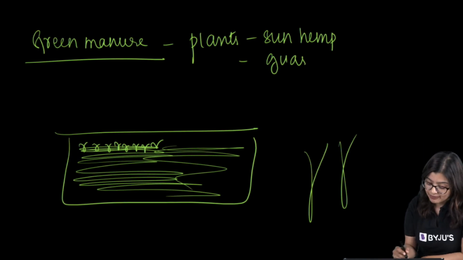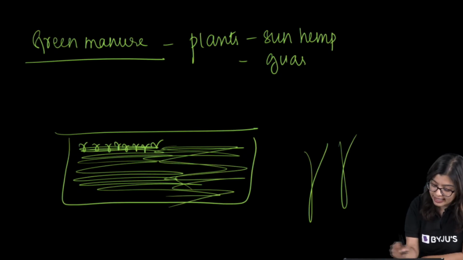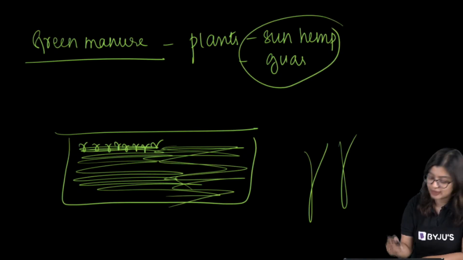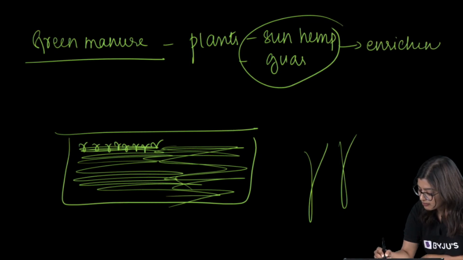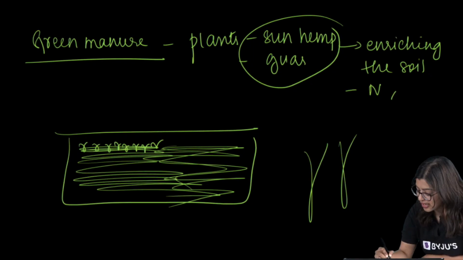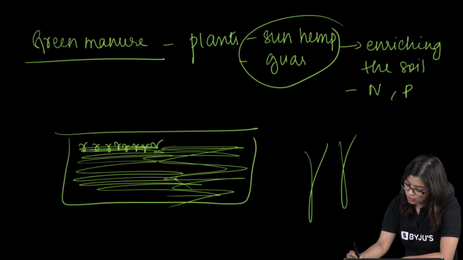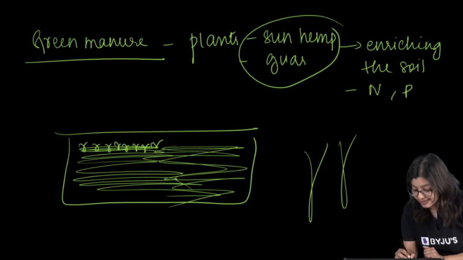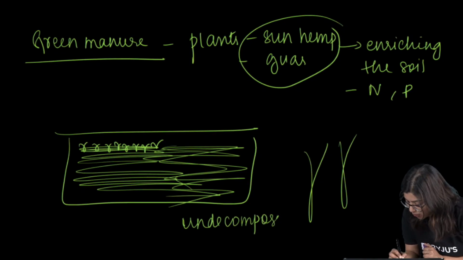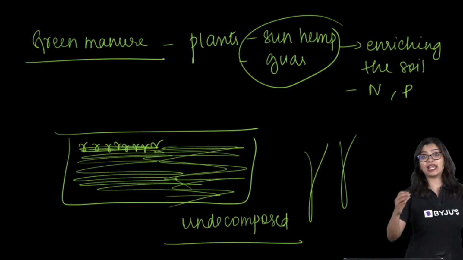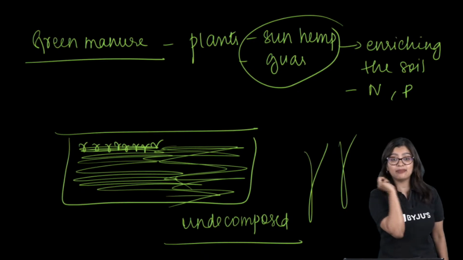When I do this, these sun hemp, guar and all of that end up enriching the soil with nitrogen and phosphorus. Here, this is not decomposed. It is undecomposed, and by growing green, that's why the term green manure is there.